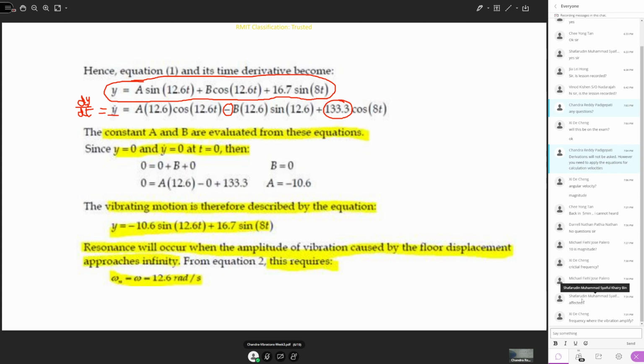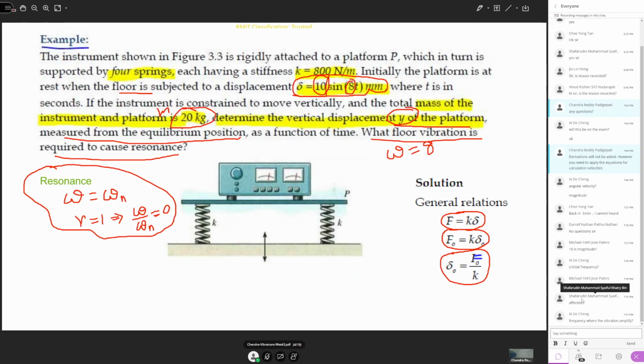Now from the description of the problem, when the displacement is 0, you are given that the velocity is also 0, and when the time is 0. I'll just show you the description. Determine the vertical displacement of the platform.